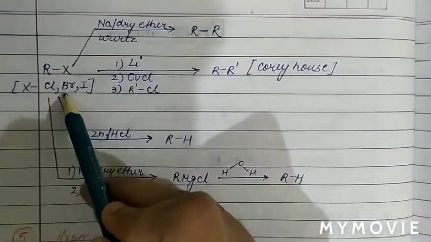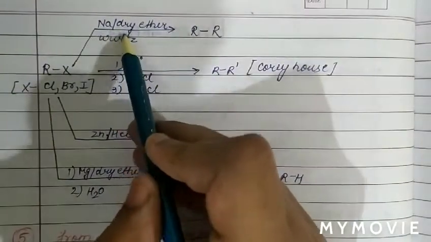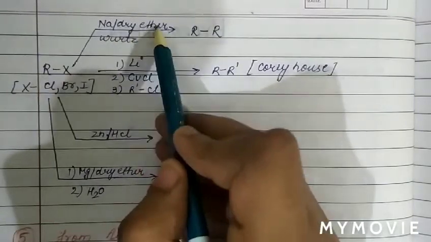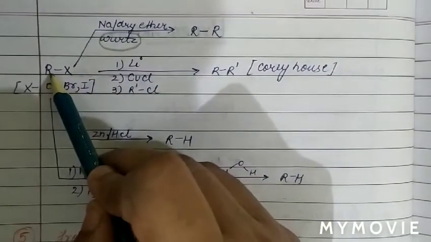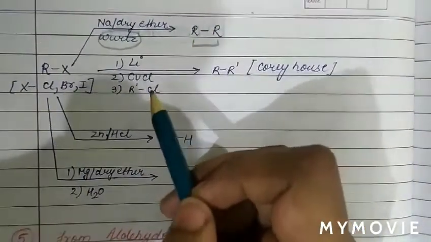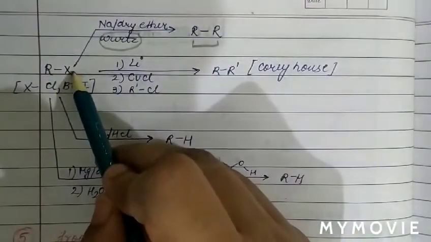X can be chlorine, bromine and iodine. So basically, when sodium metal is added with alkyl halide in presence of dry ether, this reaction we call Wurtz reaction. So this R group will attach with another R group and it forms an alkane. So this is the first method for the preparation of alkane from alkyl halide.